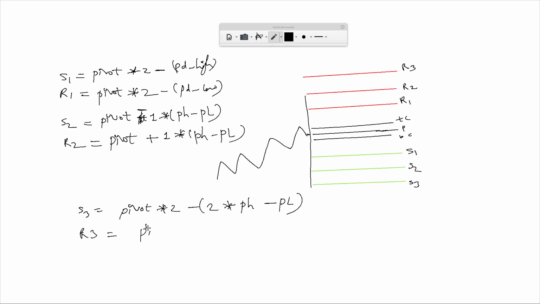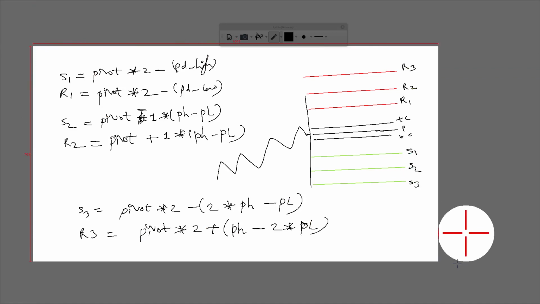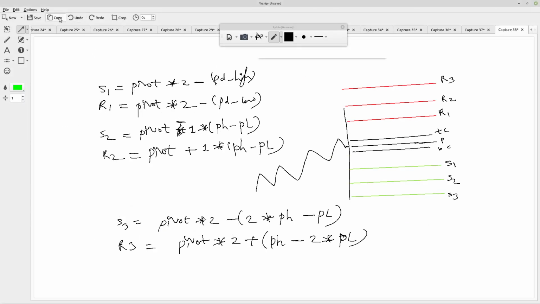R3 is pivot times 2 plus previous day high minus 2 times previous day low. Okay, so this is the updated formula. So let me just go ahead and change it.